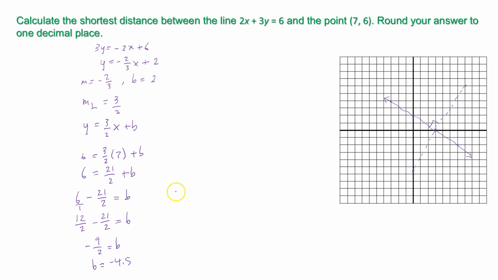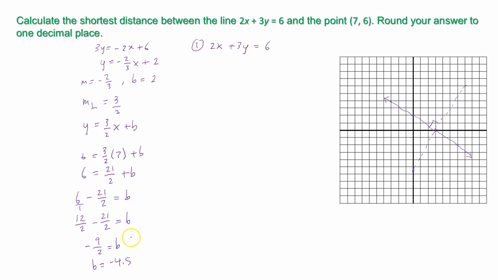And now that I have b, what I'm going to do is find the point of intersection between these two lines. So the two lines that I have: the original equation, which I'm going to keep as 2x plus 3y is equal to 6.